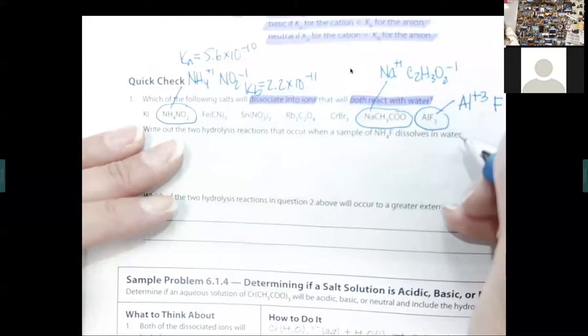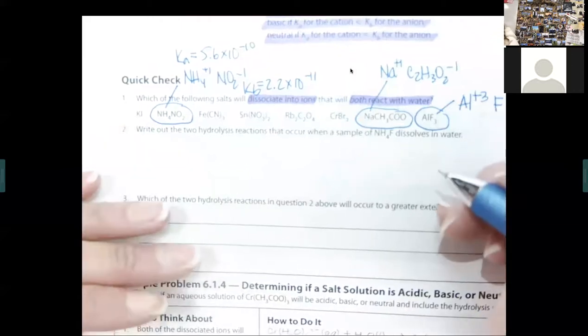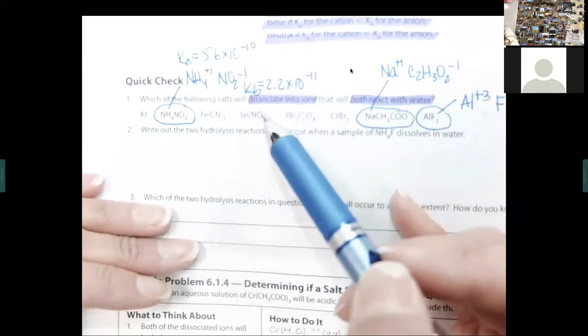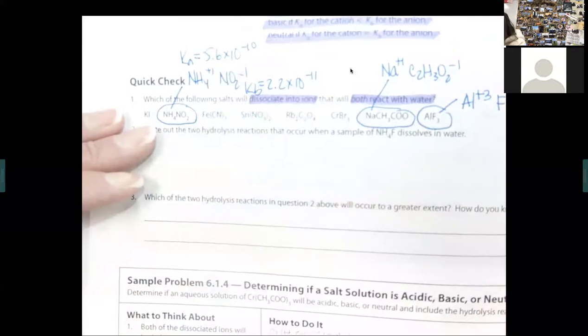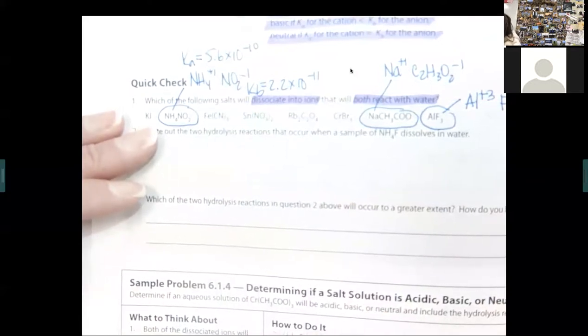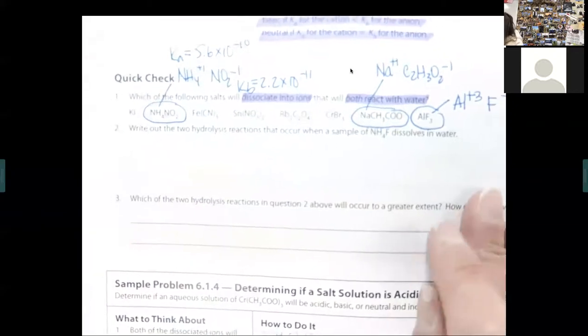The Kb is 2.2 times 10 to the negative 11th. And so if you look at the relationships here, you can see that, based upon the substances that I had written on a previous page, these contain ions that will allow them to both react with water.